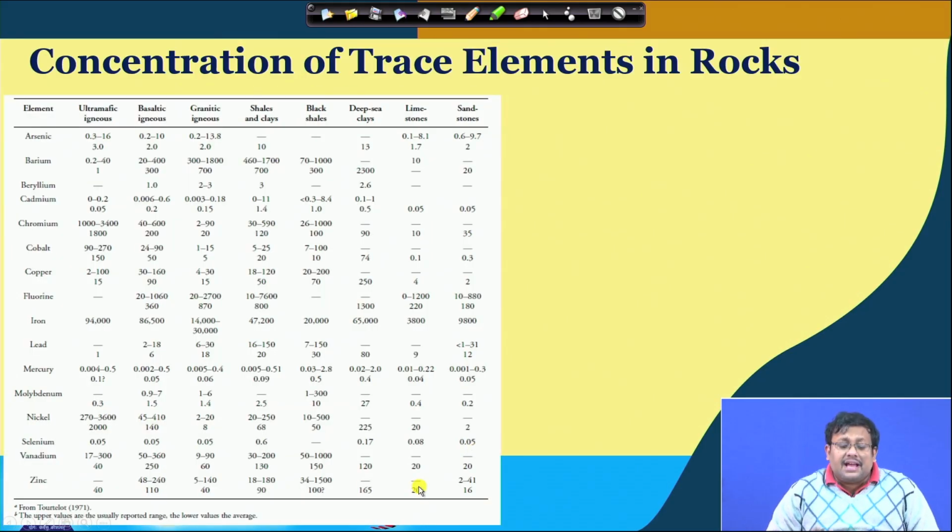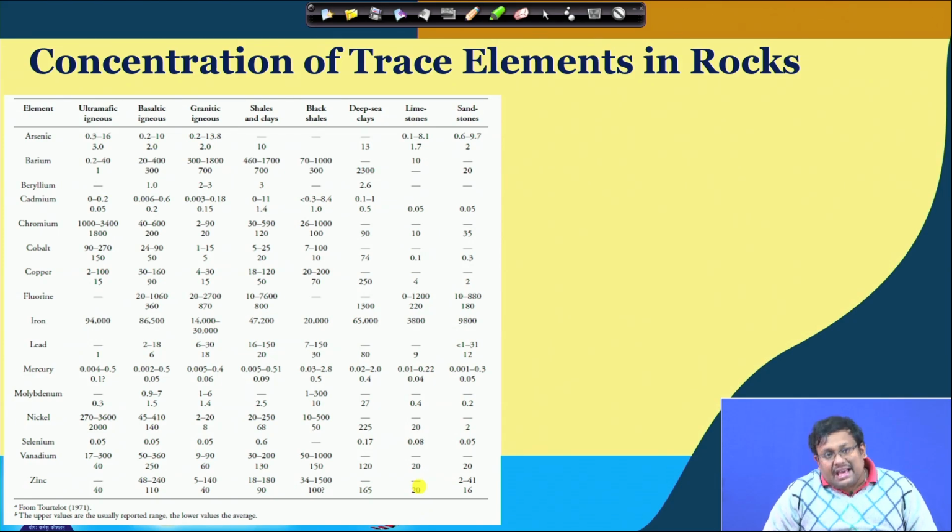This table shows the concentration of trace elements in rocks: arsenic, barium, beryllium, cadmium, chromium, cobalt, copper, fluorine, iron, lead, mercury, molybdenum, nickel, selenium, vanadium and zinc, in different rocks, especially ultramafic rocks, basaltic rocks, granitic igneous rocks, shale and clays, black shales and deep sea clays.